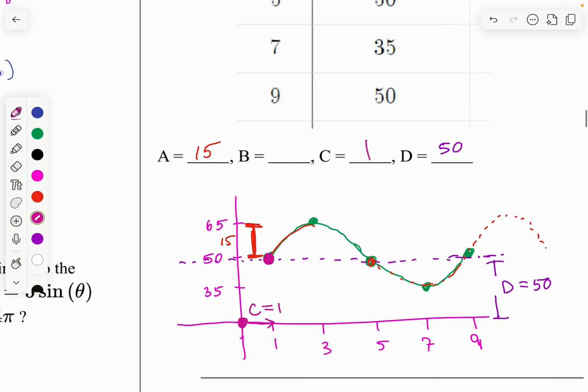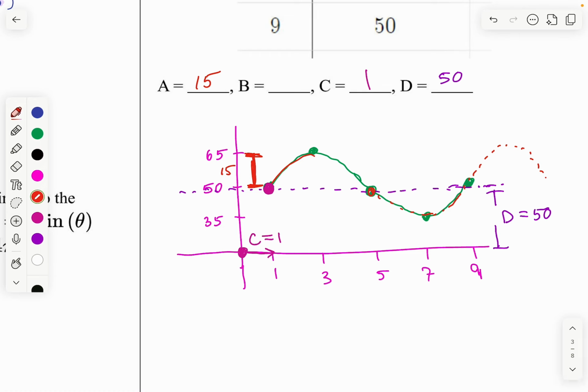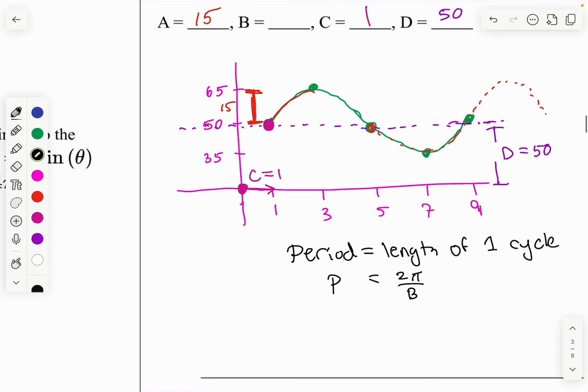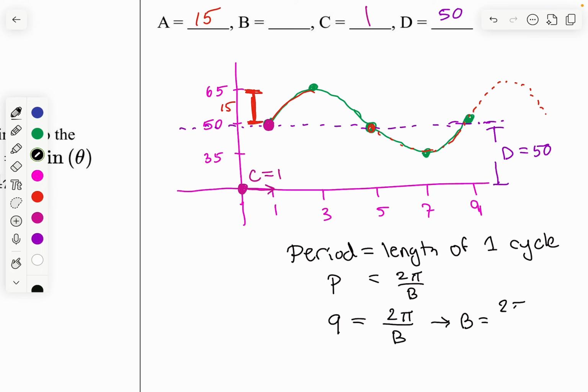And then B relates to our period. B is not the period, but we do know that our period is the length of one cycle. And we also know that the period is equal to 2 pi divided by B. Our period from our picture is, I'm sorry, it's not 9, it's 8.